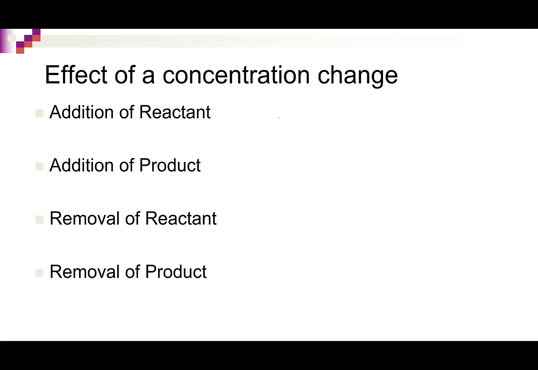So if you think about a chemical reaction, there is multiple ways that we could change the concentration. So we could add one of the reactants. So we could increase the concentration or increase the amount of one of the reactants. That's certainly going to cause a stress.